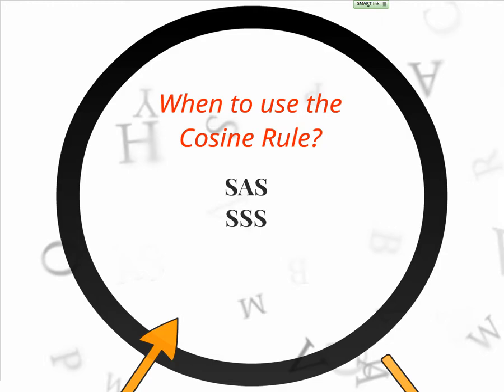Okay, so when to use the cosine rule. When it's side angle side, we can use the formula that we just had. Now if it's side side side, then we have to do some switching around. The good news is that your formula packet switches it around for you, which I would recommend, using the proper formula rather than trying to switch it yourself, even though you can do that yourself.